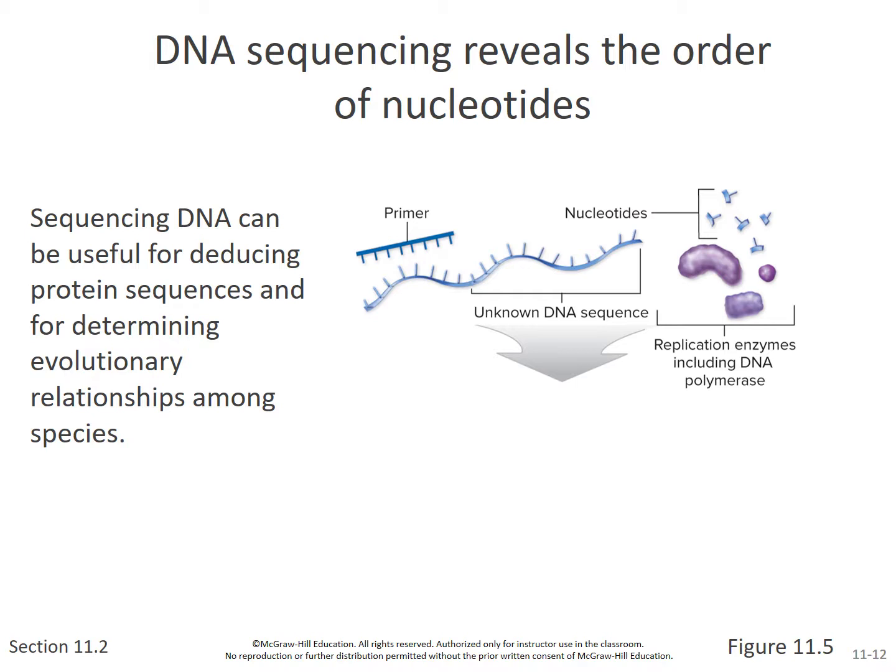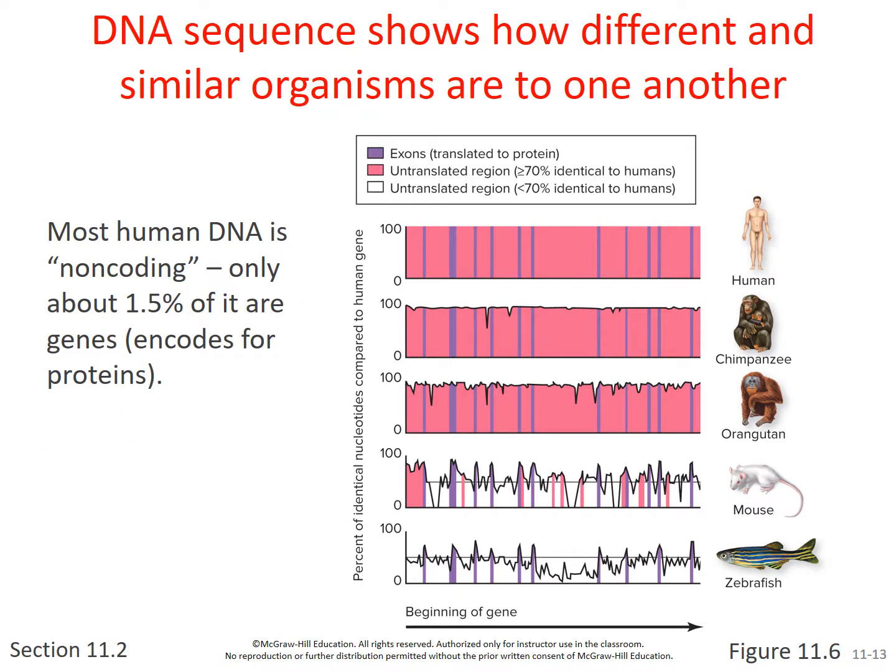And you can also look at how closely related organisms are by the differences in their sequencing, the number of nucleotides that are different from one another, and you can calculate these differences. DNA sequencing allows us to see and show how different and similar organisms are from one another.